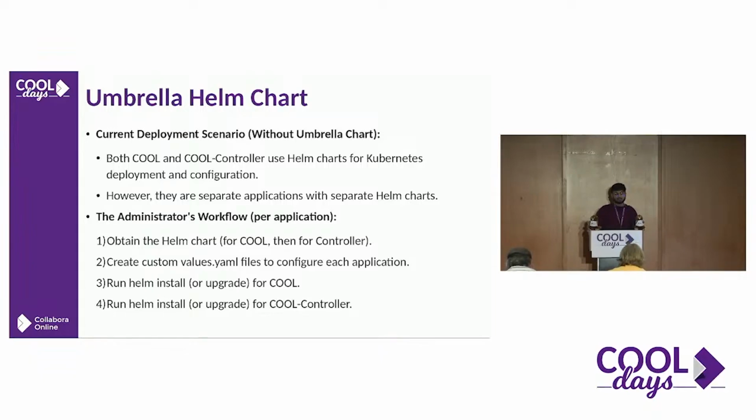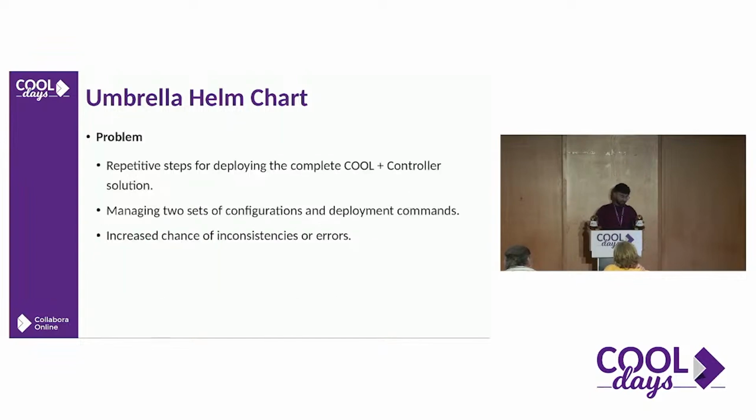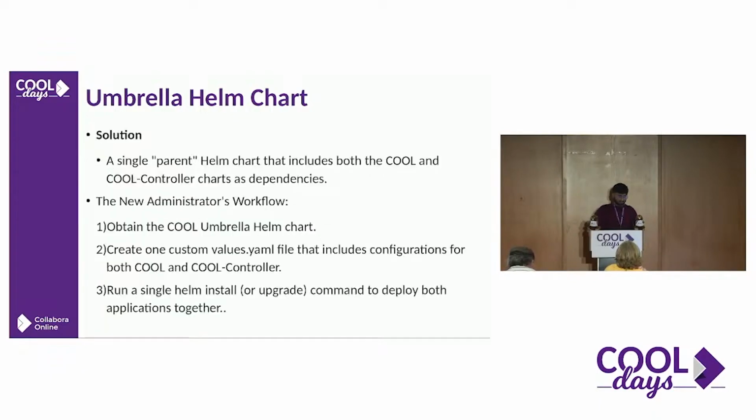So you had to configure cool controller and configure cool separately, then install them both separately. It creates friction for the sysadmins. So we created a parent Helm chart. Now both Helm charts combine together, you create just one file, and you can deploy that Helm chart and have your setup ready.